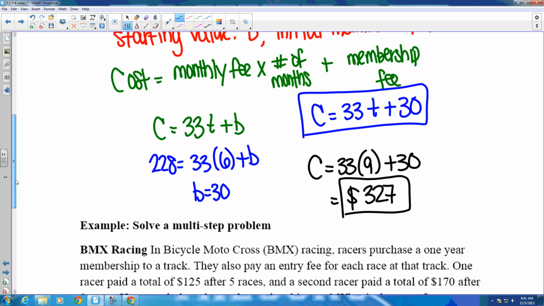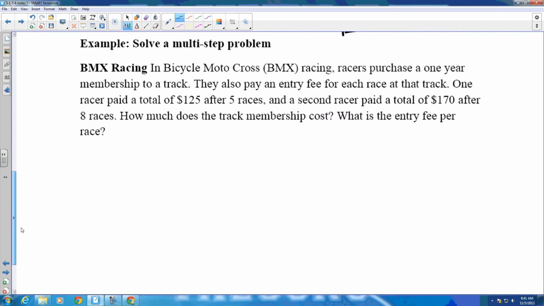Okay, we have one more question. In BMX racing, racers purchase a 1-year membership to a track and they also pay an entry fee for each race at the track. One racer paid a total of $125 after 5 races, and a second racer paid a total of $170 after 8 races. How much does the track membership cost? What is the entry fee per race? So we have to find a couple different things. And here's what we need to identify.